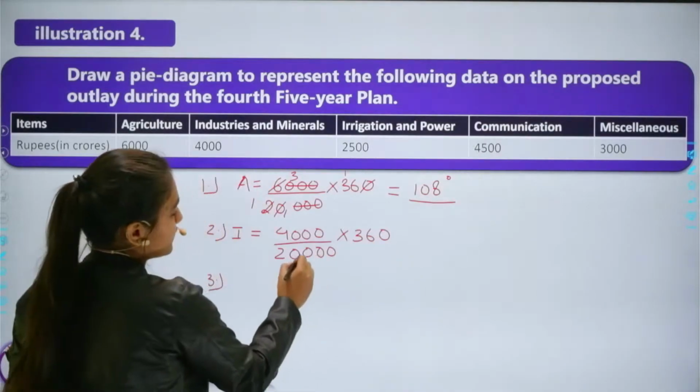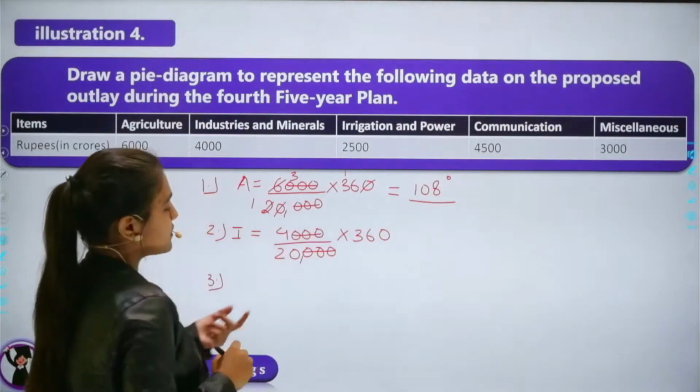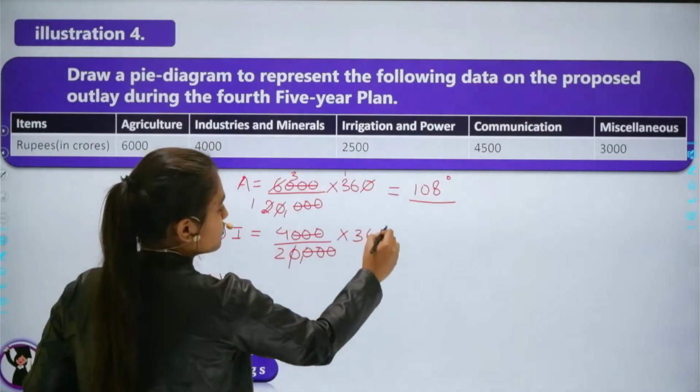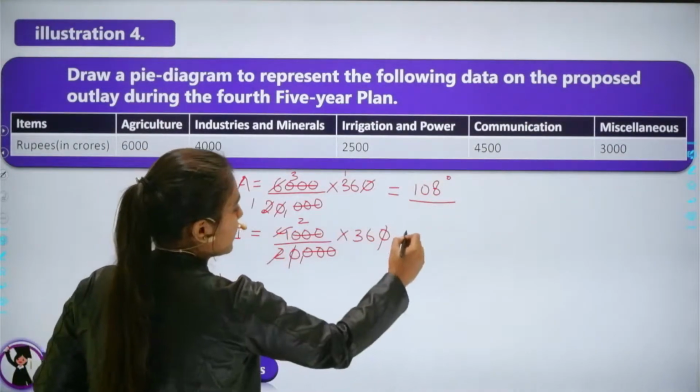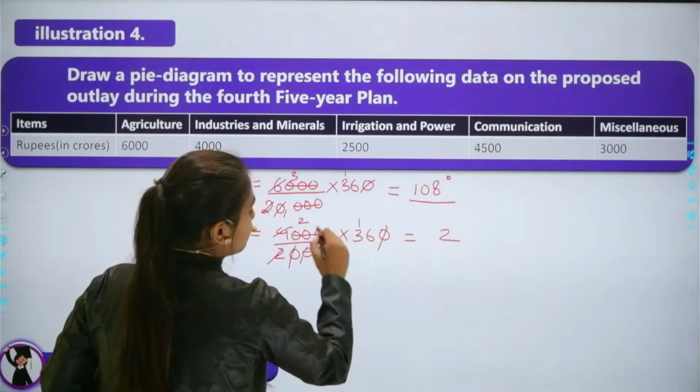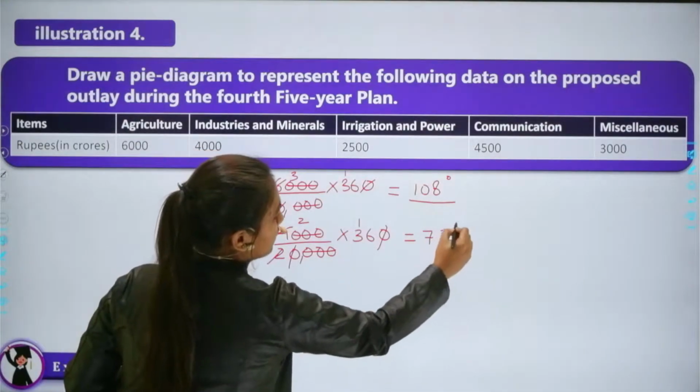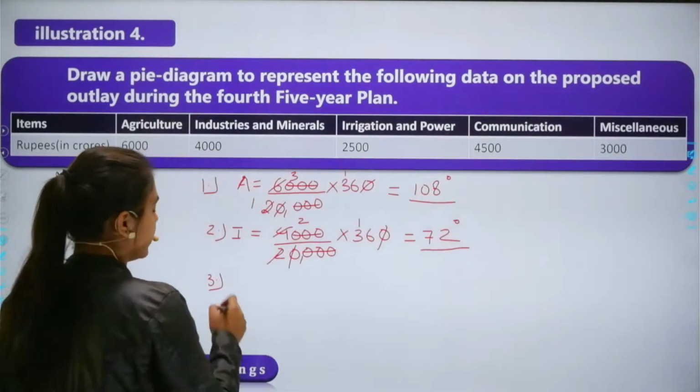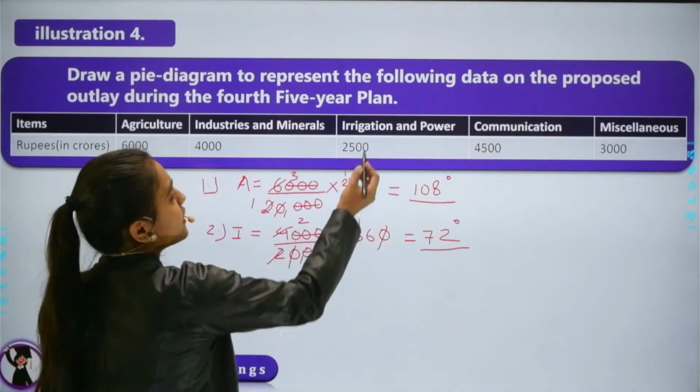Cancelling the zeros, 2 2s are 4, we get 2 6s are 12, 2 3s are 6, 7, 72 degree.